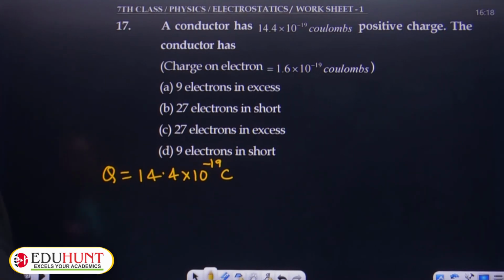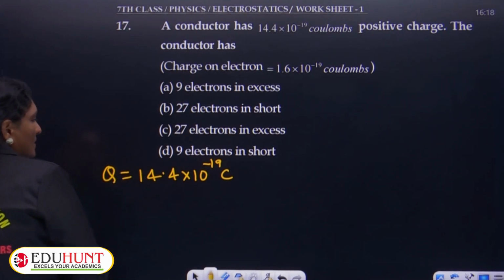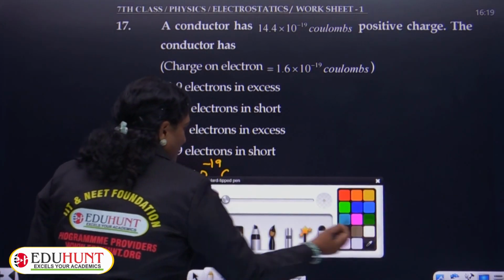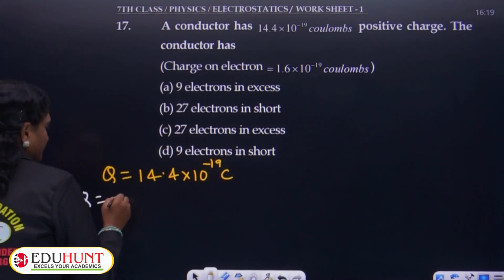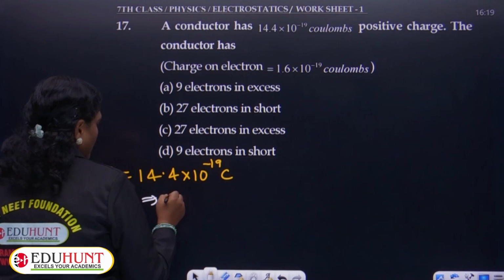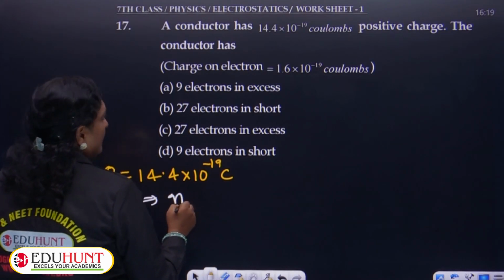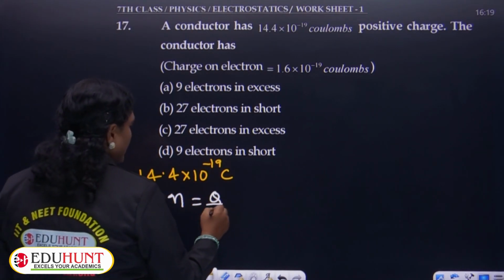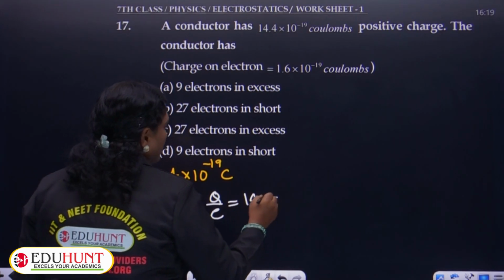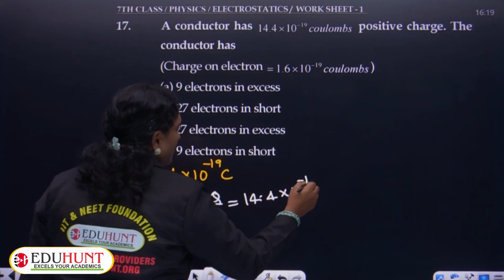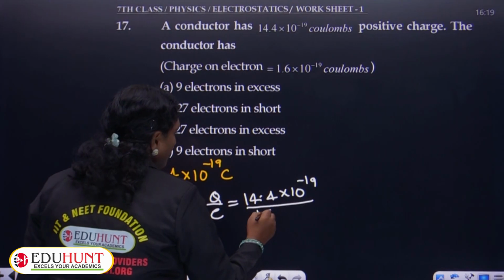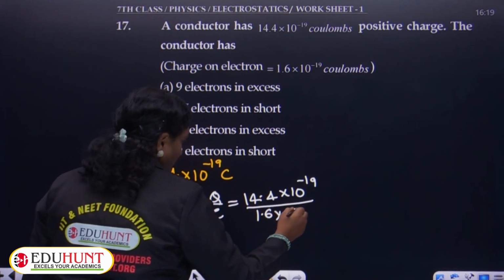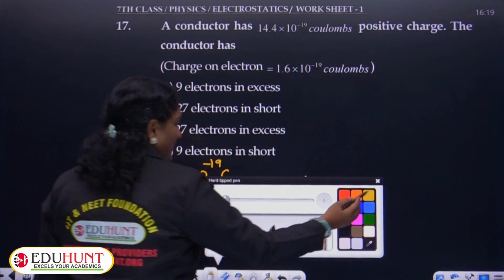How many electrons? As we know, the formula for Q is equal to Ne. Since Q is equal to Ne, the number of electrons N is equal to Q by e, which is 14.4 into 10 power minus 19 upon 1.6 into 10 power minus 19.